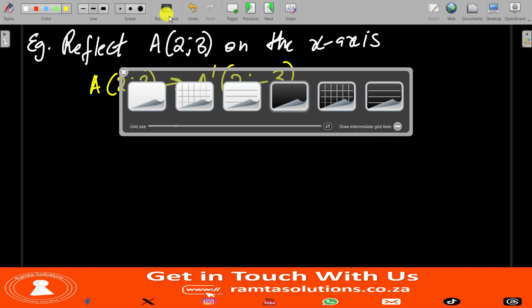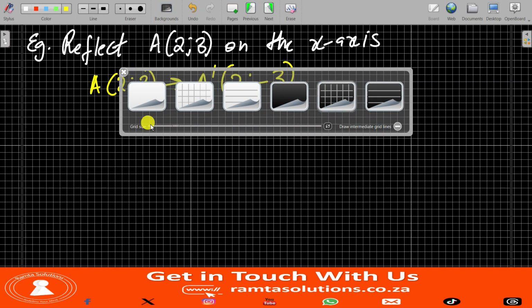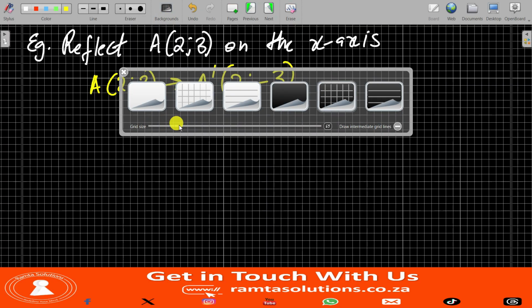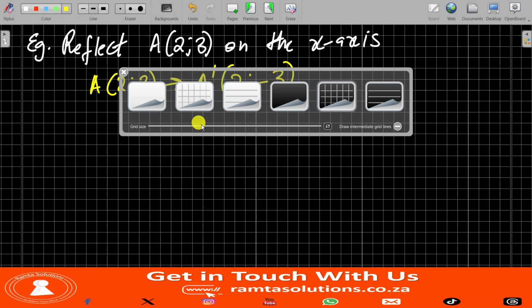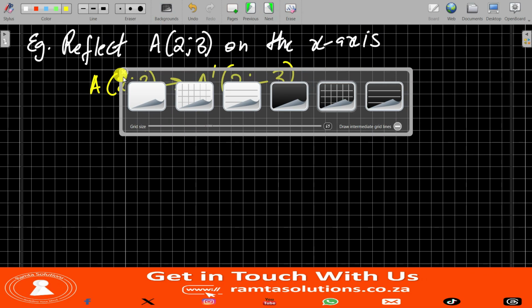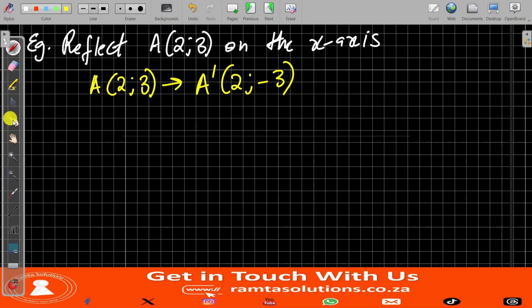So I'm going to put a grid. Okay, this one is better. Now let me use a Cartesian plane. All right, perfect.